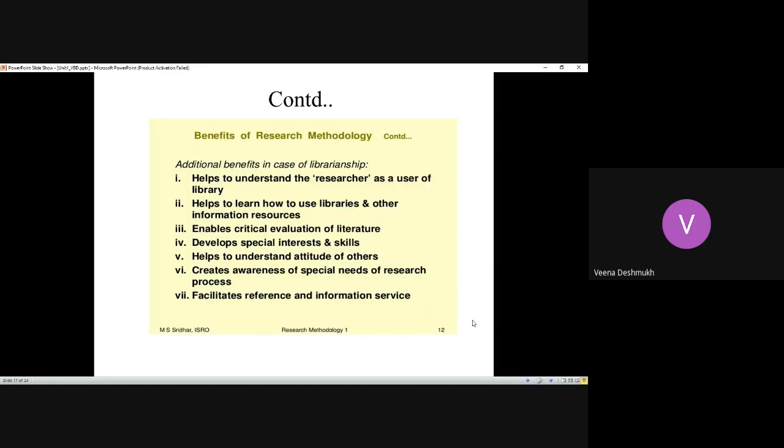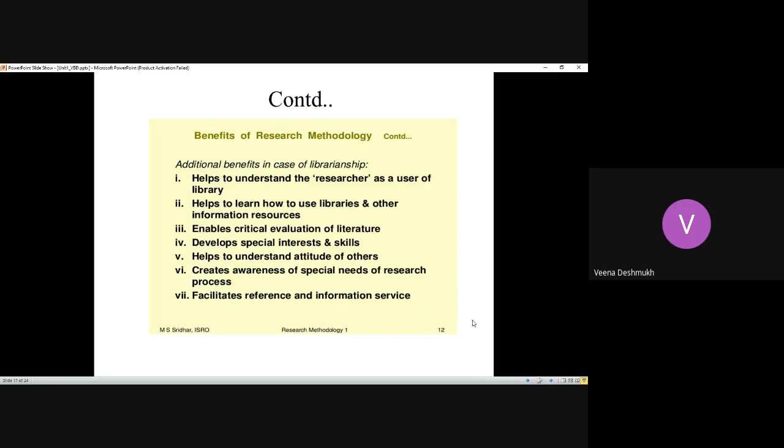Then, creates awareness of special needs of the research process. Now, what are the special needs? Often I give this example: right now, the special need is that if anybody finds anything related to COVID-19, if it is really applicable, it becomes viral, it becomes very useful to the society.